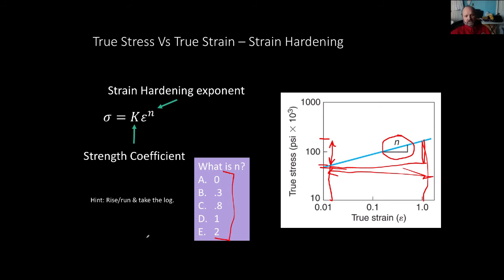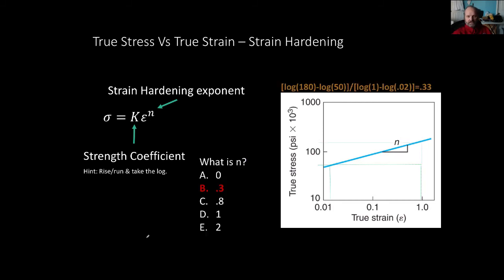So I'll give you a couple of seconds. The hint here is to take the log of these things, right? And then look at that. So there you go. If you take the log of 180 minus the log of 50, so why is it 50? Well, we're guessing this is 50 here. This is 180 from before. So take the log of those two numbers and divide by the log of these two numbers here and here, which is this number.